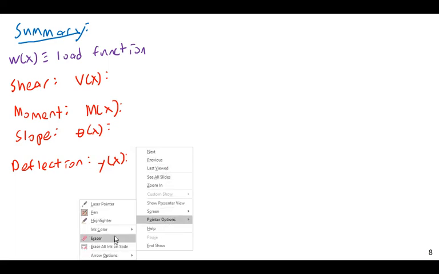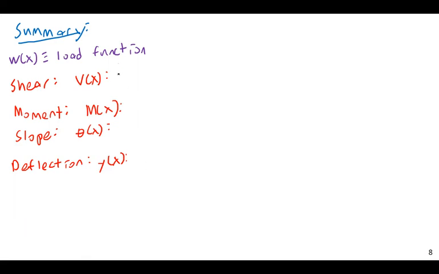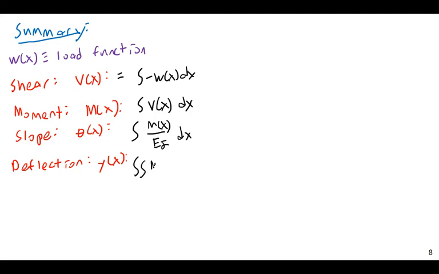And these are then equal to, we have this integral relationship, equal to the integral of negative w of x dx. This is equal to the integral of V of x dx. This is equal to the integral of M of x over EI dx. And this is equal to the double integral of M of x over EI dx, or also equal to the integral of theta of x dx.